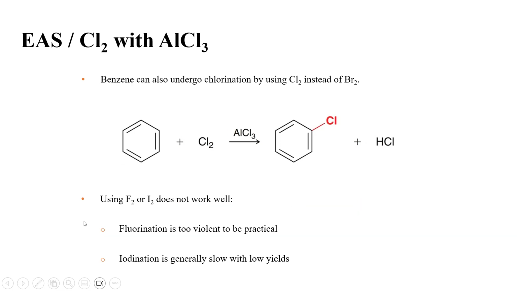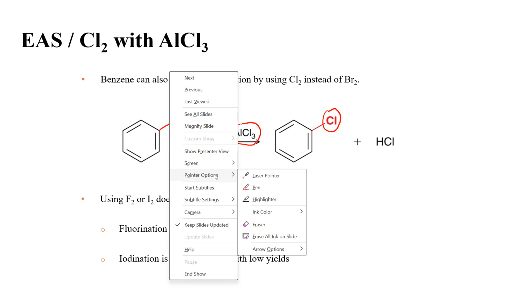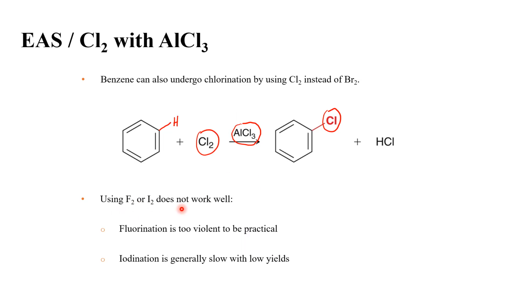You can also use AlCl3, and if you do AlCl3, you're going to use Cl2 to now not get a Br on this position, right, where there was a proton. Instead, you're going to get a Cl substituting that proton. Okay? So you could do bromination, chlorination of benzene. Notice that I wrote over here that F2 and I2 do not work well.